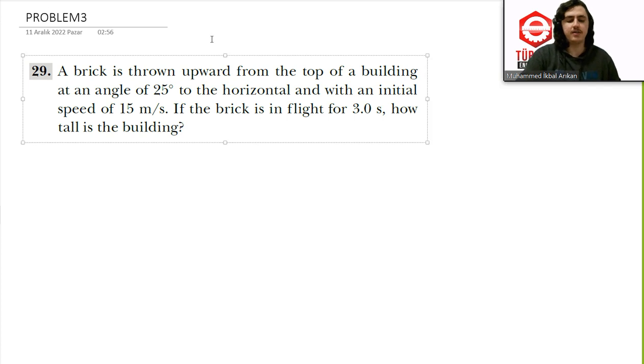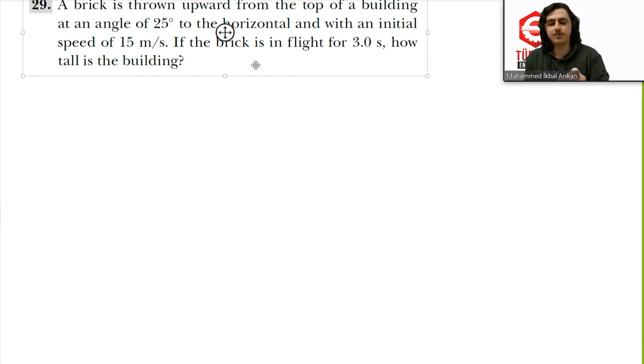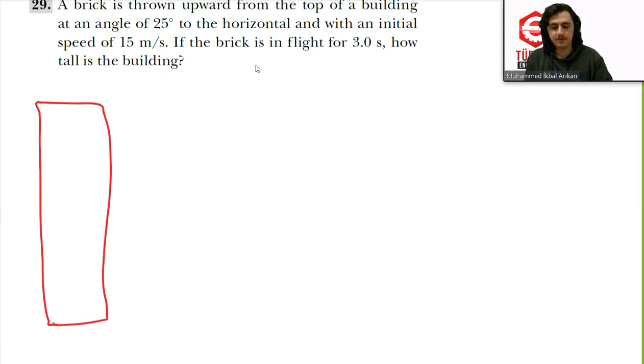A brick is thrown upward from the top of a building. I will just draw a building here. It will be thrown from this height. I have a brick here, and it will be thrown at an angle with an initial speed.